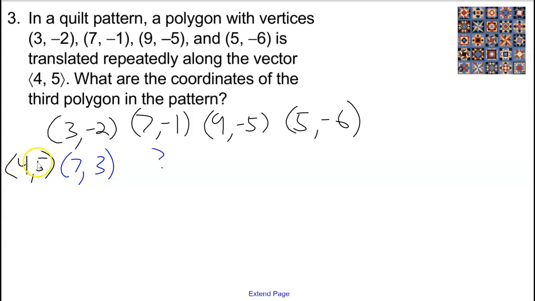If you apply the 4 and 5 to 7 and -1, what would that be? All right. You should get 11 and 4. Now, if we apply it to 9 and -5, what would that be?